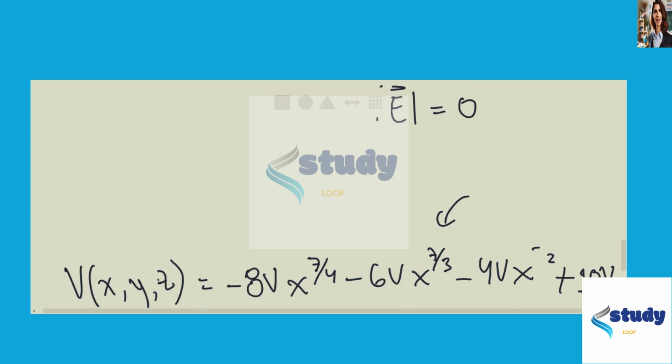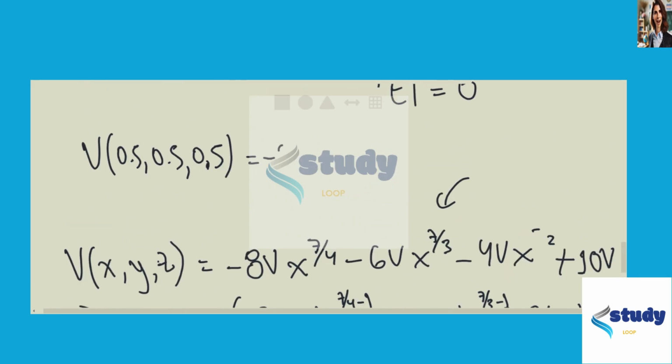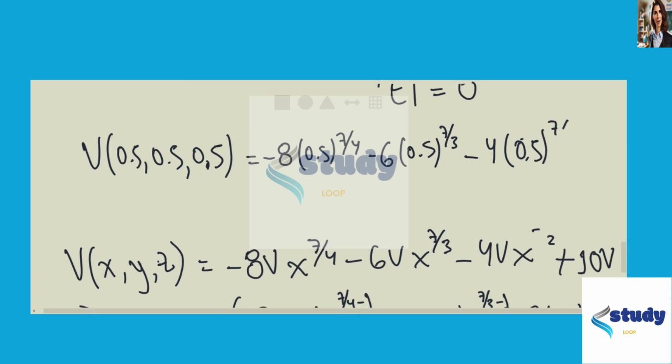So it will be minus 8 times 0.5 to the 7 over 4, minus 6 times 0.5 to the 7 over 3, minus 4 times 0.5 to the 7 over 2, plus 10 volts, and if we put all these into the calculator, it is 6.08 volts.